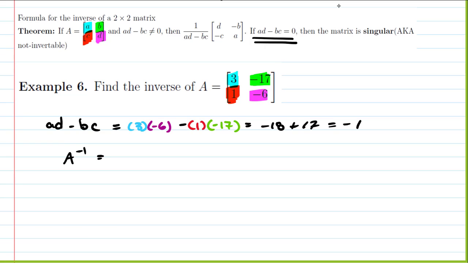Okay, so then our inverse is equal to 1 over AD minus BC. So 1 over negative 1 times the matrix D, so negative 6, negative B is going to be a negative, negative 17, and then negative C, our C value is 1, and then A, our A value is going to be 3.